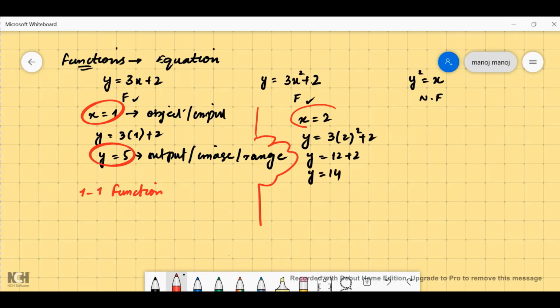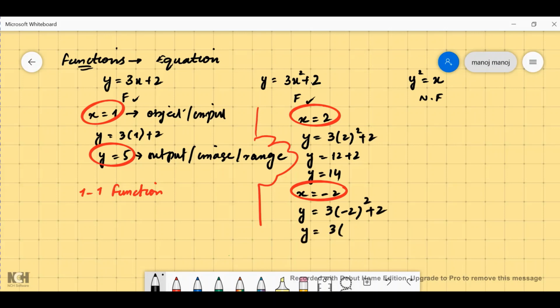When I take x as minus 2, what's the value of y? Y equals 3 times minus 2 whole squared plus 2. This will become plus, and y is again 12 plus 2, which is 14. What's the problem? This image or range is coming the same. This is called a 2 to 1 function.